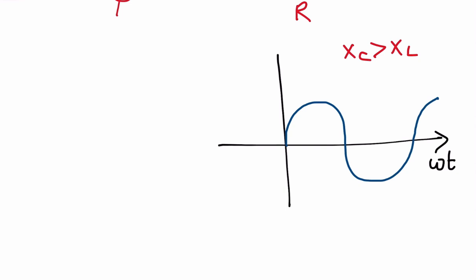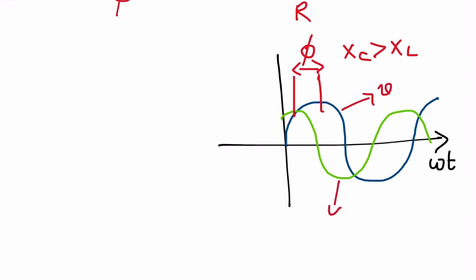So it comes like this. To mark, the maximum value of voltage is here, the maximum value of current is here, then this is the phase difference phi between both of them. So this is V and this is I. Now the current is leading here by an angle of phi.